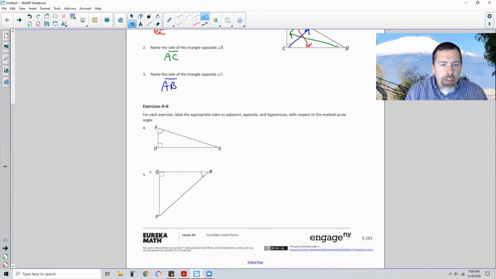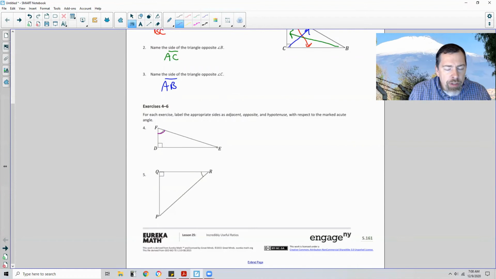Exercises 4 through 6. For each exercise, label the appropriate sides as adjacent, opposite, and hypotenuse with respect to the marked angle. Marked acute angle, not the right angle. Okay, so this is angle F. Well, we know the hypotenuse is the longest side by definition.